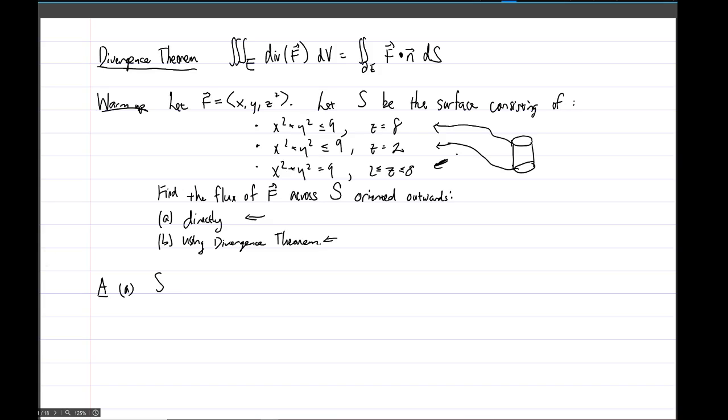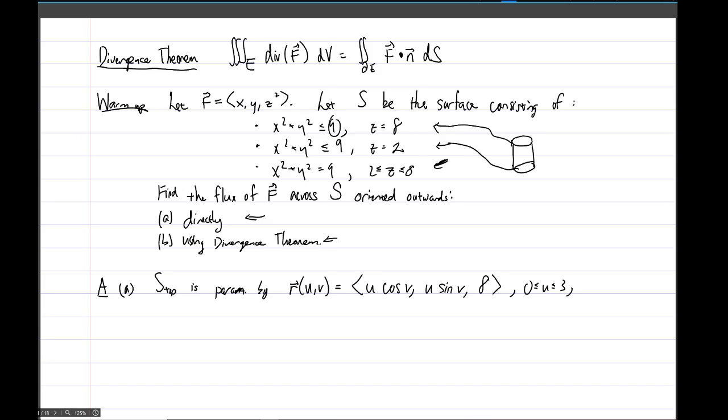So I would say let's parameterize the surface on the top in the following way. I mean, there are lots of options, not the least of which is just switching the two parametric variables. But the top surface could be parameterized by r of u, v equals angle bracket u cosine v, u sine v, 8, with parameter domain u going between 0 and 3, u representing the radius.